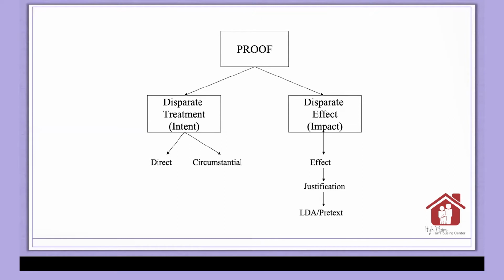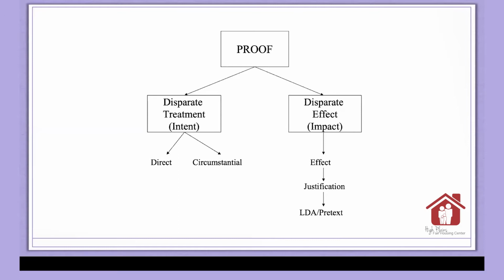We're looking for a showing, either through direct evidence or circumstantial evidence, or perhaps both, that what was going on was intentionally because of the aggrieved party's or their associates' membership in a protected class. With disparate impact, we're not looking for intent.